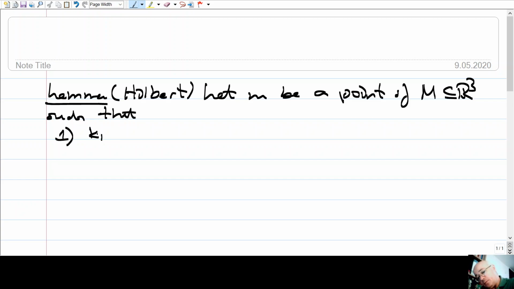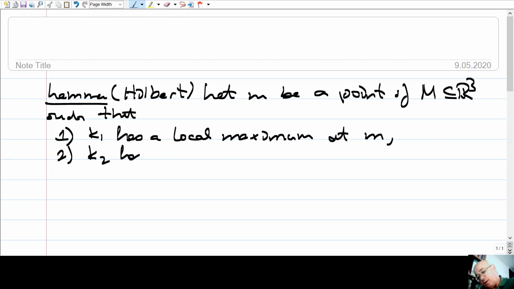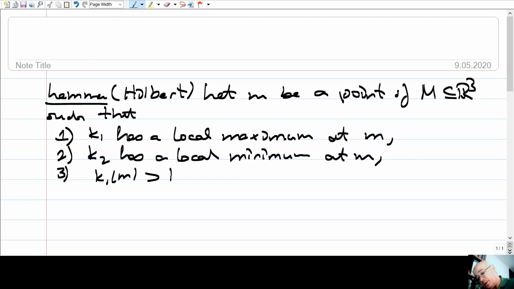First one is that the first principal curvature, the larger one, has a local maximum at the point M. The second condition is that the smaller principal curvature K2 has a local minimum at M, and K1(M) is larger than K2(M).